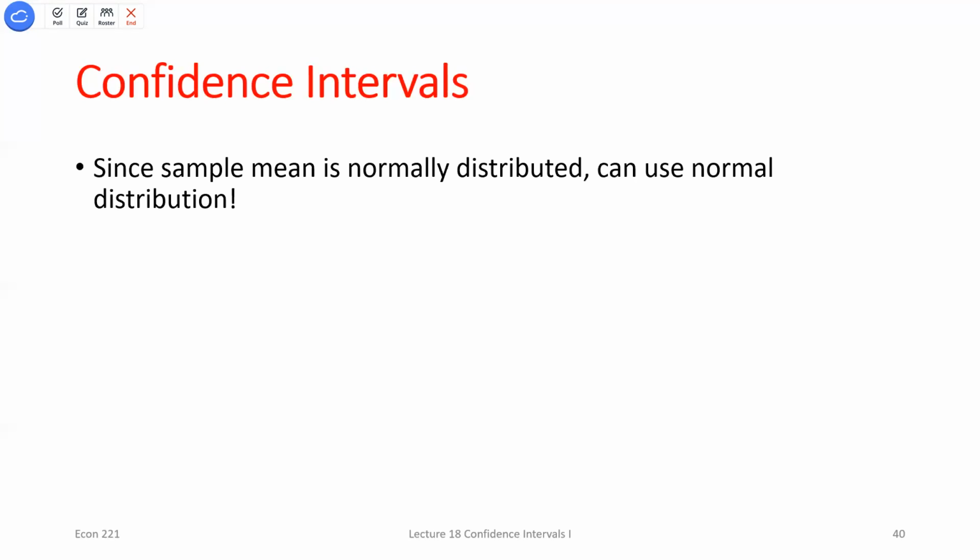Well, if I know the area I want in the tail, what I'm saying here is the probability I see something within a certain number of standard deviations above and below, I want to be 95%. So I want the probability between whatever these two cutoff values are to be 95%.